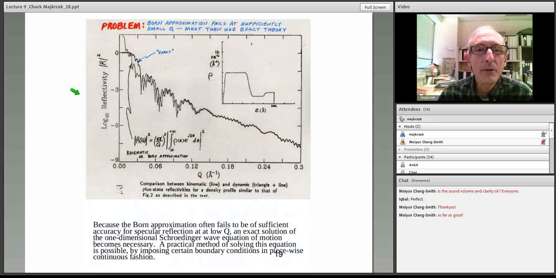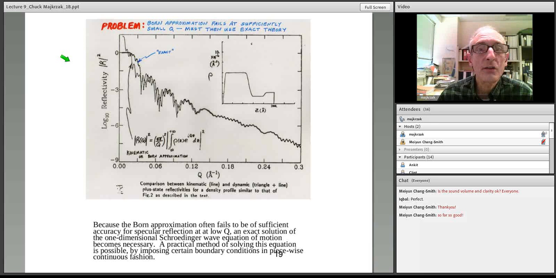Now, the problem is that in reflectometry, it's a little bit paradoxical that even though the scattering is relatively weak, at the very low angles of incidence, where Q is very small, the reflectivity in fact becomes very large.